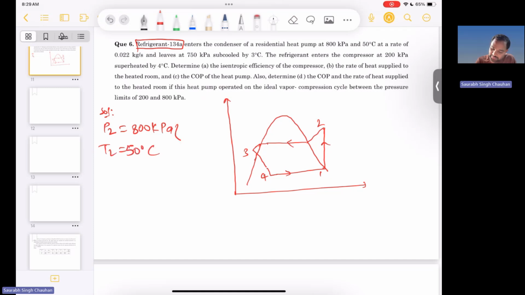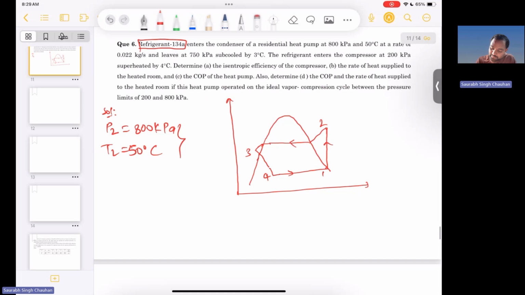It is given in the question, and from the property table of this refrigerant R134a, you can find the enthalpy value at point 2. It is given in the table like this.